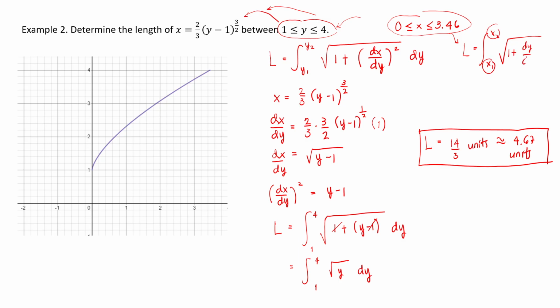So dy over dx squared, and then you're going to have dx. I think the problem here is you're going to convert everything in terms of y. So y equals something, and then you're going to get dy over dx. I think that's the hassle if you want to use the other formula.